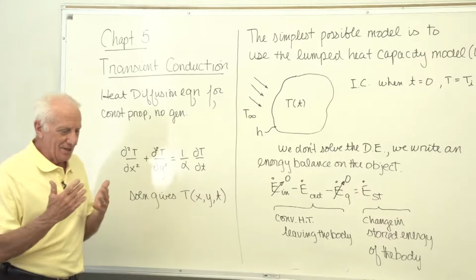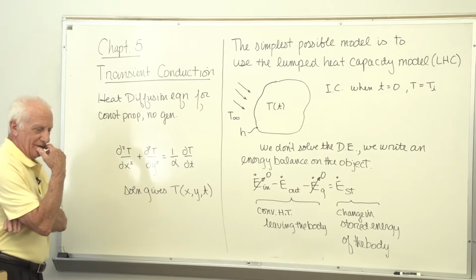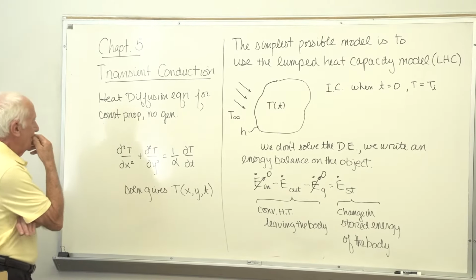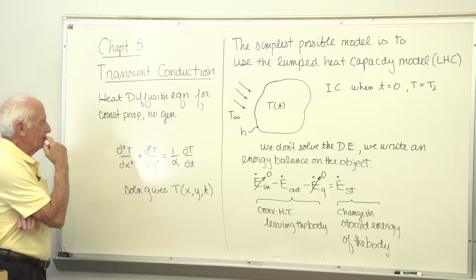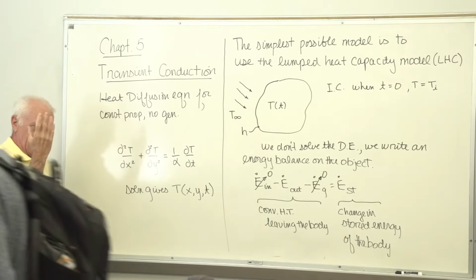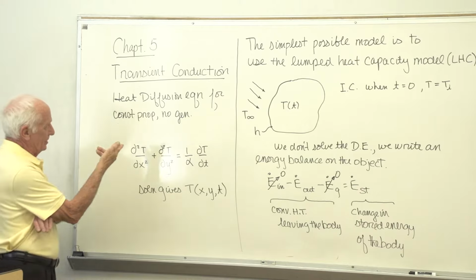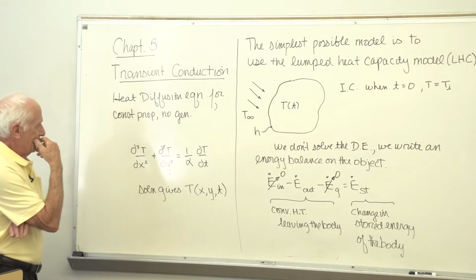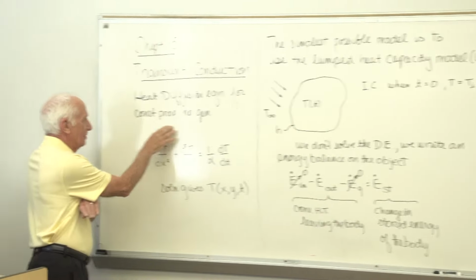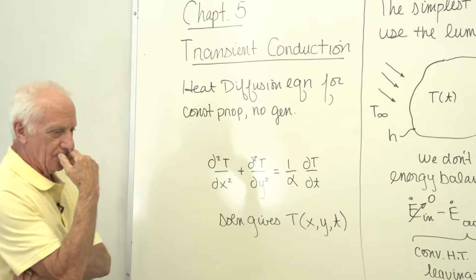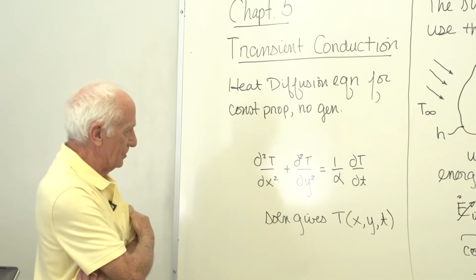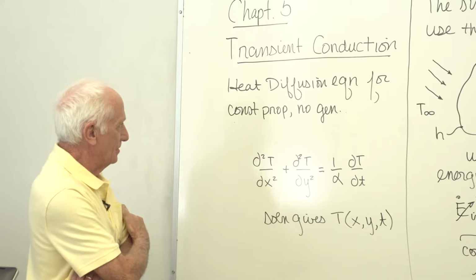This chapter is titled Transient Conduction. So now time becomes one of the variables in our solution. We go back to chapter 2 in general to get the heat diffusion equation in 2 dimensions. We write it here for constant properties with no generation.